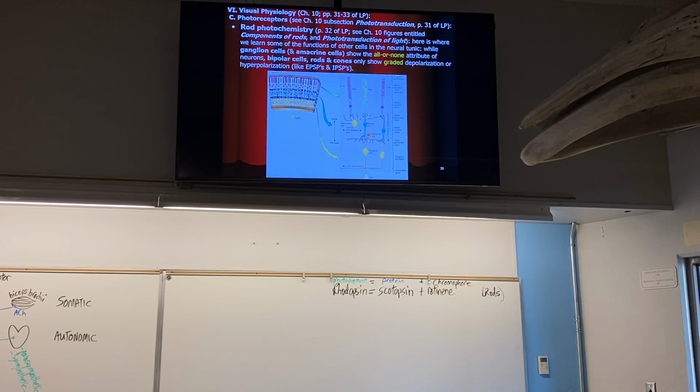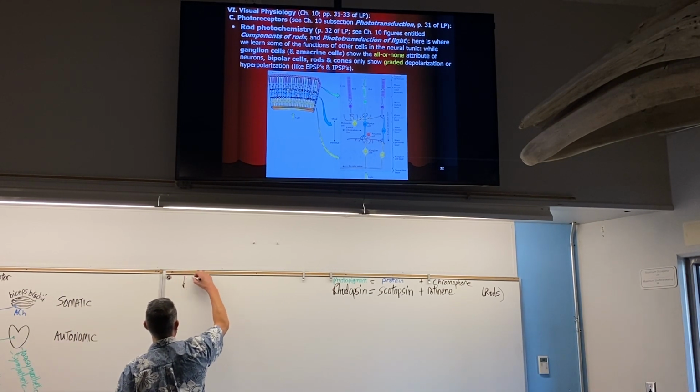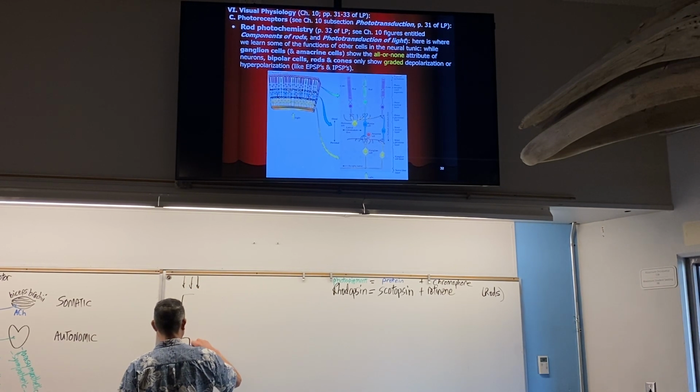Let's just set this up, because I think we're going to have to get to this on Wednesday. You have to have the sequence straight. So if the light's coming in this direction, we're going to start with the rods.